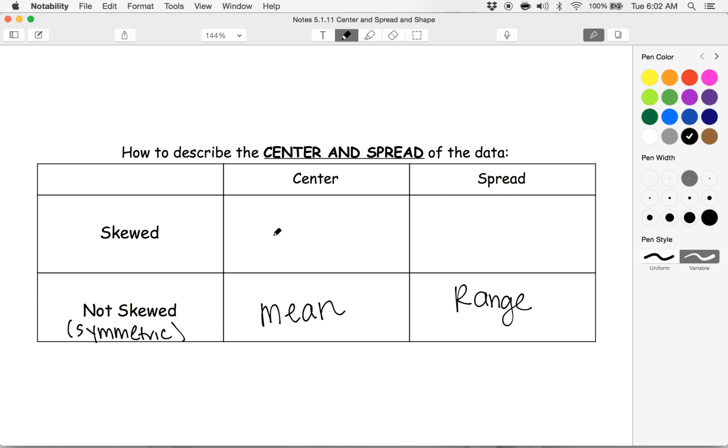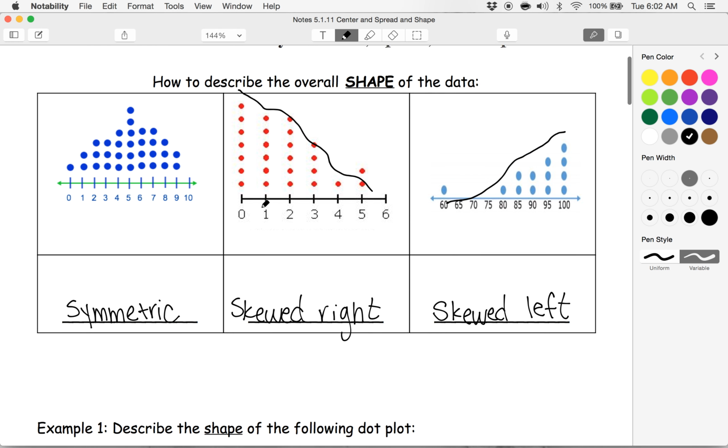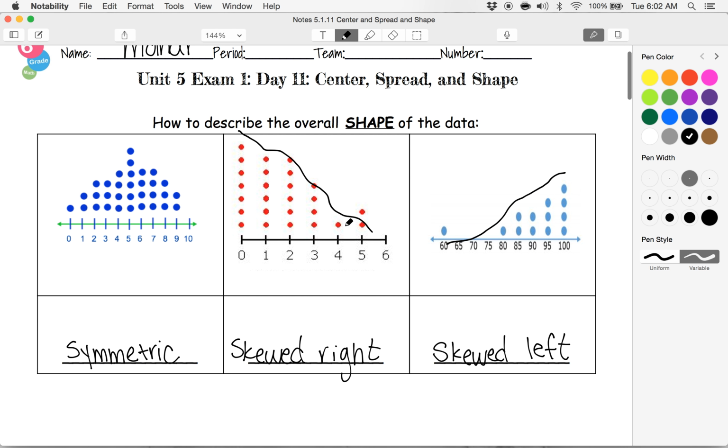Okay, for my next one now, I need to think about data that is skewed. So remember, when we were talking about skewed data, take a look up here. Skewed are these ones that kind of fall off to the side, and you have this really big empty space inside of them. So now we need to decide, what do we think is going to be the best measure of center in this situation when you have data that is skewed?